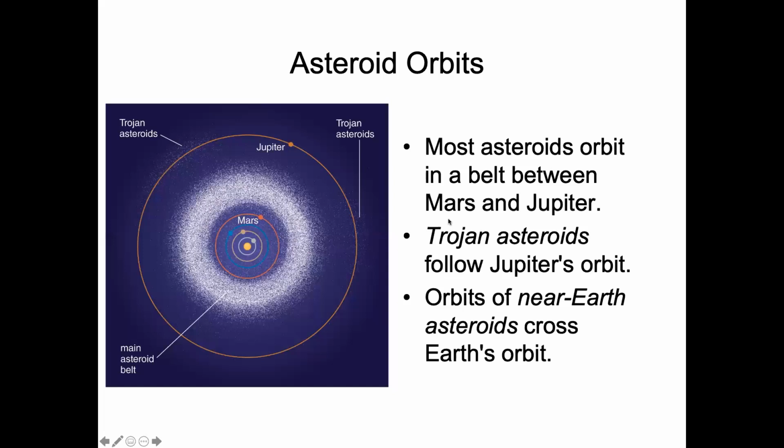And we discussed a little while back when we were looking at the different regions of our solar system, I don't remember which lecture it was in, but we talked about where we would find asteroids. And the majority of them would be found in the main asteroid belt, which exists between Mars and Jupiter. But there are other areas where there are asteroids, right? There are the near Earth asteroids, which are the ones that sort of fall within the orbit of Mars, right?